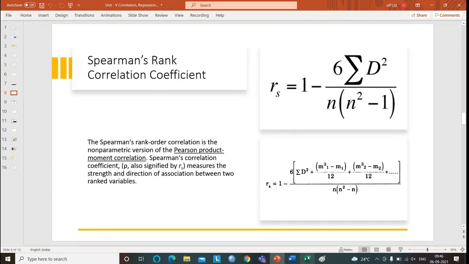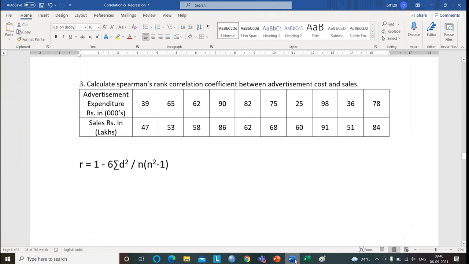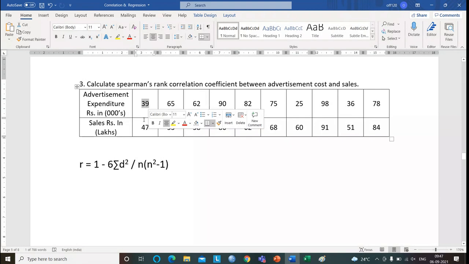Now let us take an example of this problem. Calculate Spearman's rank correlation coefficient between advertisement cost and sales. Advertisement expenditure is given in thousands and sales is given in rupees lakhs. That means when a company is investing 39,000 rupees for advertisement purposes, then they are getting sales of 47 lakhs.